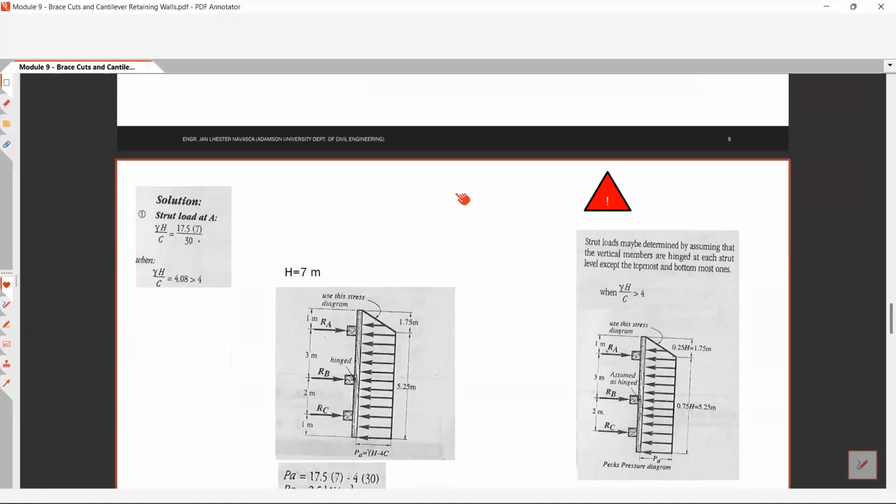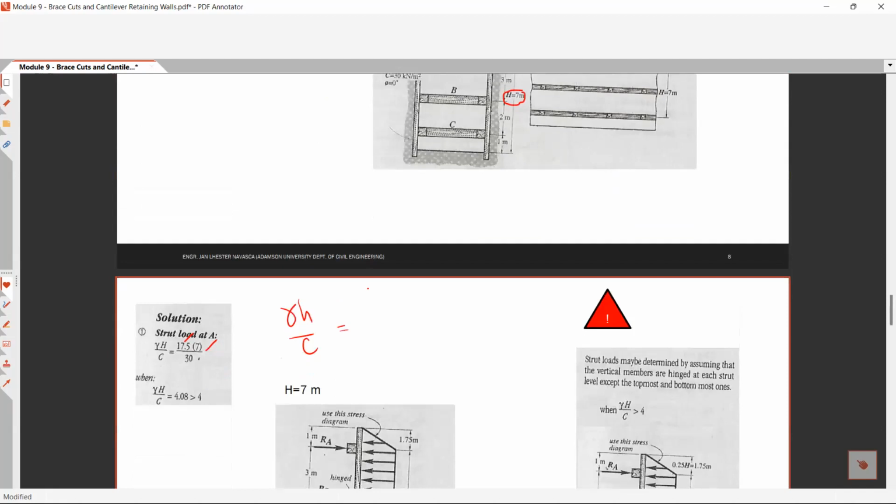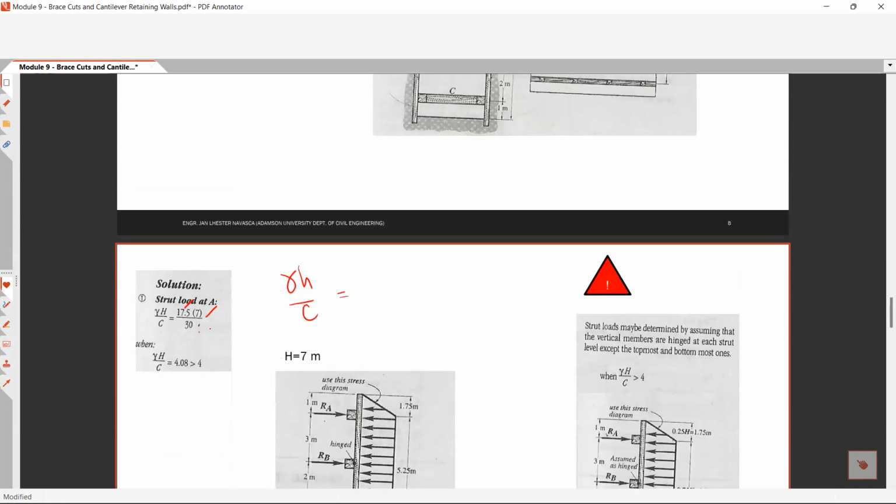So to determine if our soil is stiff clay, we use the notation gamma H over C. So therefore your gamma is 17.5. The total height of your retaining wall is 7 meters, divided by the cohesion value of 30. Okay, so gamma H over C, we have this 4.08.